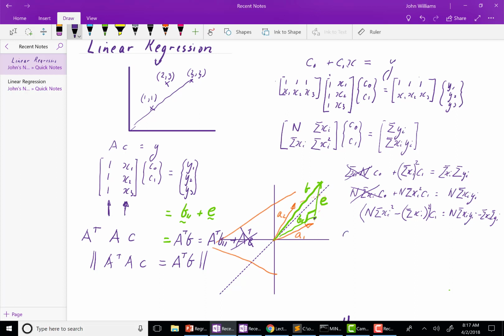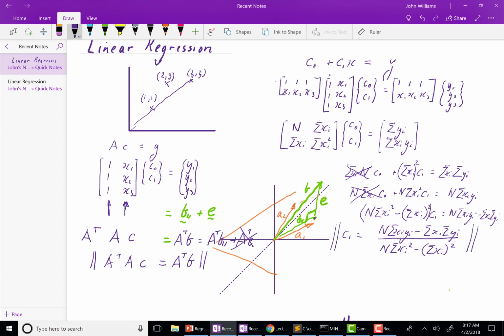And that means that C1 is going to be equal to n times sigma xi yi minus sigma xi sigma yi, all divided by n sigma xi squared minus sigma xi all squared. So that's my C1.